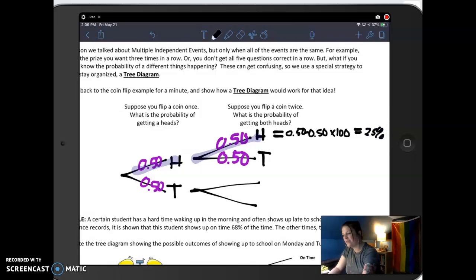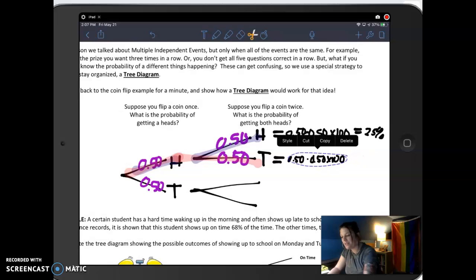Now, the second thing that could happen is that you flip a coin and get heads first, and then flip it again and get tails second. Following the path, the first says the probability is 50%, and the second also says 50%. Then we multiply by 100, and on my calculator I would get 25%.